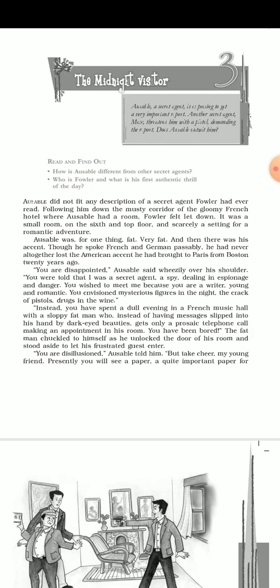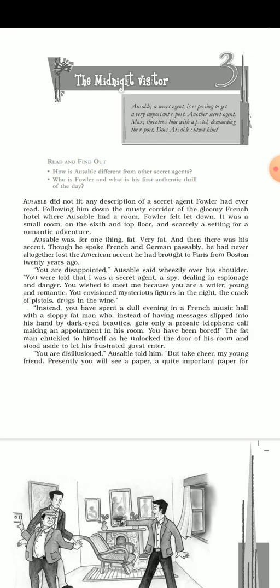The fat man chuckled to himself as he unlocked the door of his room and stood aside to let his frustrated guest enter. Guest is Fowler. As I told you in the beginning, Ozable, a secret agent, was living on the 6th floor of a French hotel room, and the next character, Fowler, a writer, has come to meet Ozable in his room in order to know more about his adventures, right?